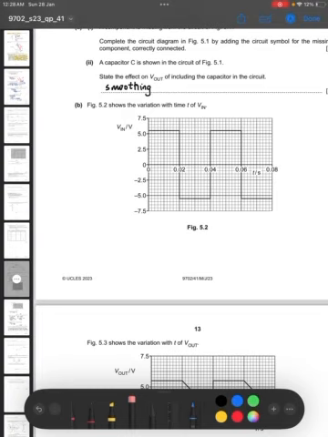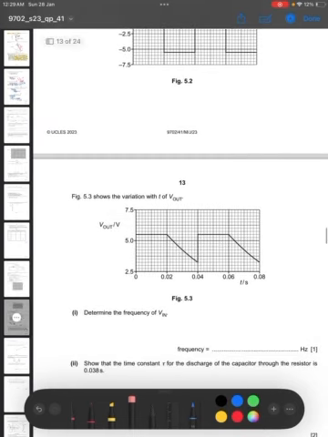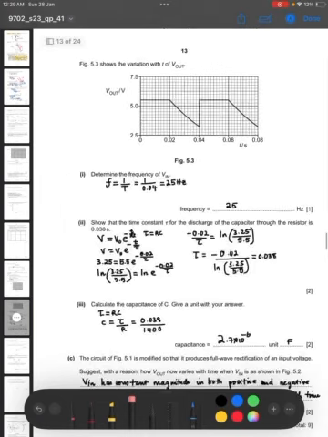So it doesn't matter even though the graph is not a sinusoidal curve, it's still an alternating voltage. Okay, so Fig 5.3 shows the variation with time t of the voltage output V out. So this graph now is showing us the output voltage that is going to come.